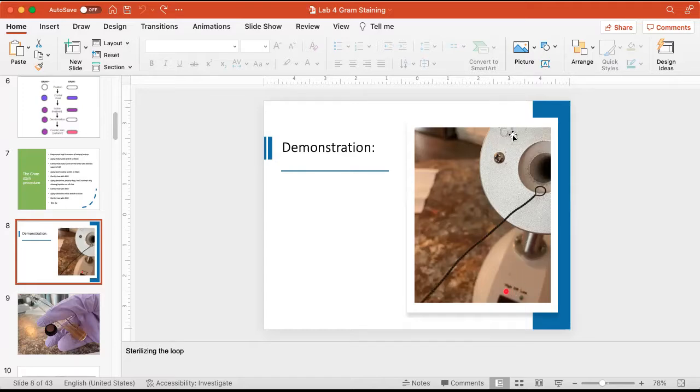Here's my incinerator device. I've got it turned on. It's nice and hot. Remember, I'm going to put the wire part of the loop down into the tunnel of the incinerator. This ceramic tunnel gets very, very hot. It gets red hot. And I'm going to allow the wire to glow red hot before I take it out and let it cool off.